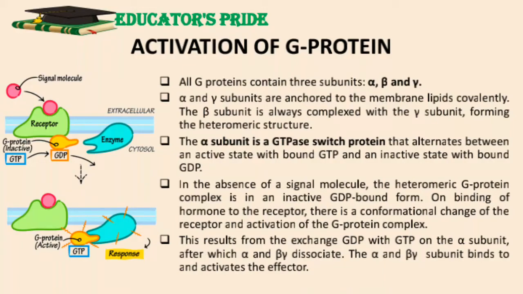The alpha and beta gamma subunits bind to and activate the effector. The intrinsic GTPase activity of these GTP binding proteins hydrolyzes the bound GTP to GDP and phosphate, thus converting the active form back to the inactive form.